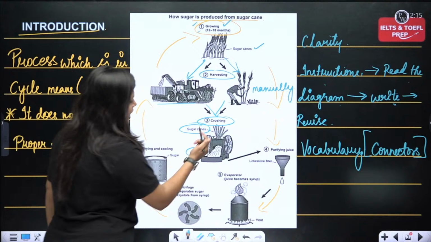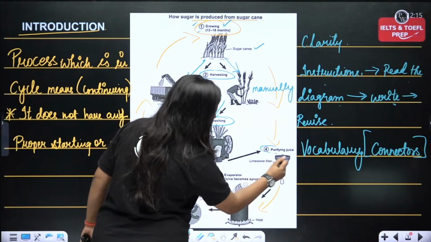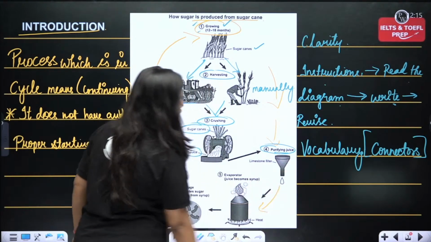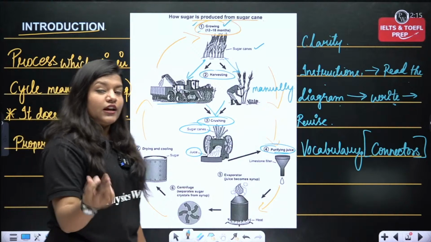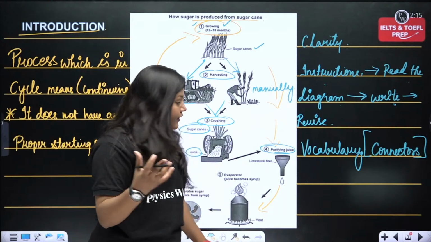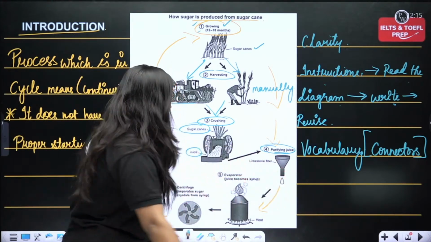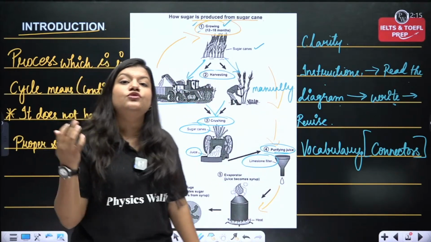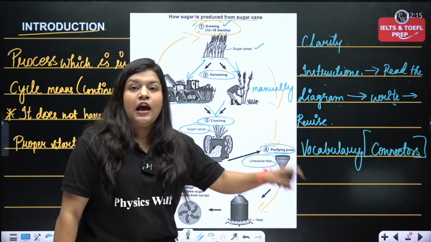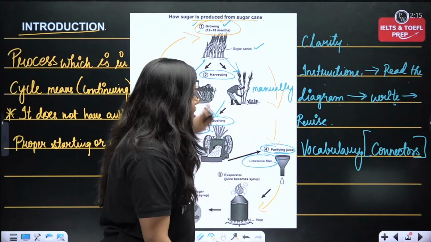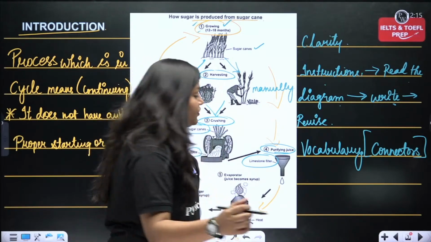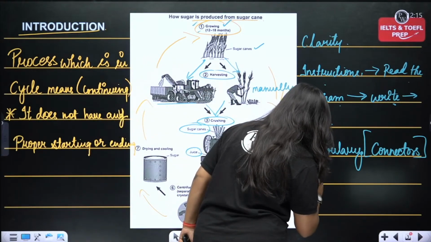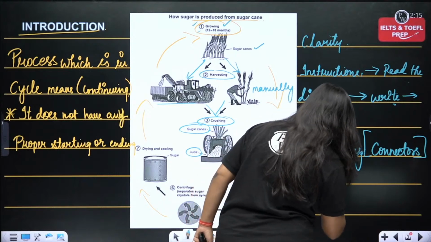Now third, and then here comes the fourth procedure, which is purifying of the juice. The juice extracted by crushing the sugarcane is being purified over here by using a limestone filter. This is already given. Always remember the words which are already given, try not to skip. I'm writing it down over here for your reference so that you don't forget.